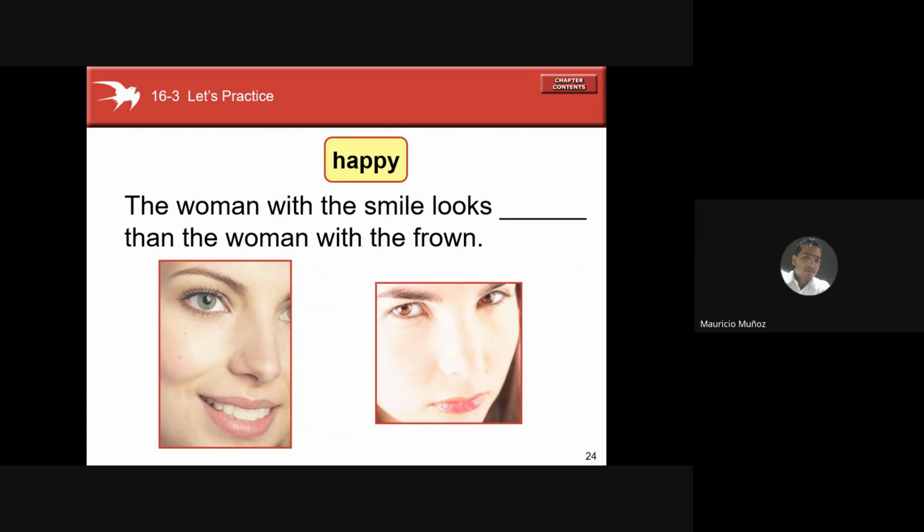The first woman looks happy, whilst the second woman looks a little bit angry, I think. For comparing, we have the adjective happy. The woman with a smile looks than the woman with a frown. Yes, that's correct. The woman with a smile looks happier than the woman with the frown. Good job.